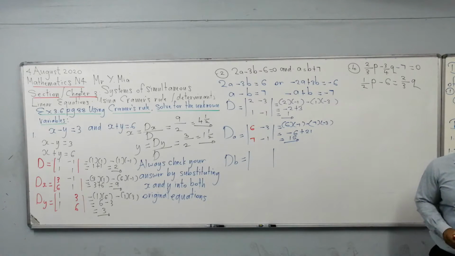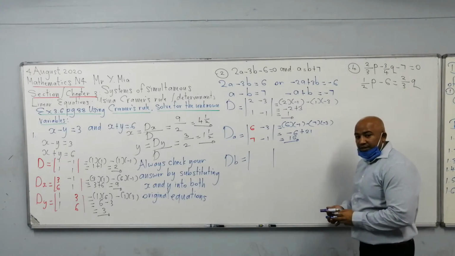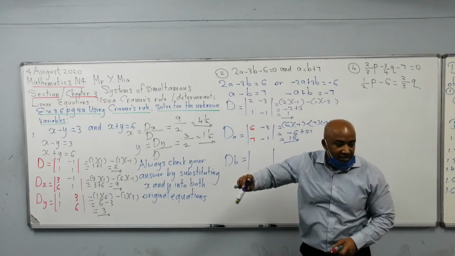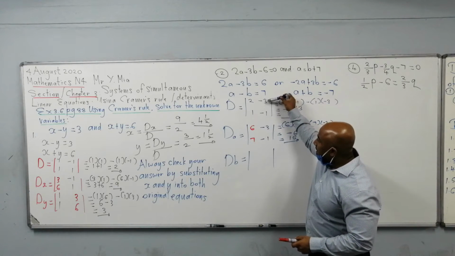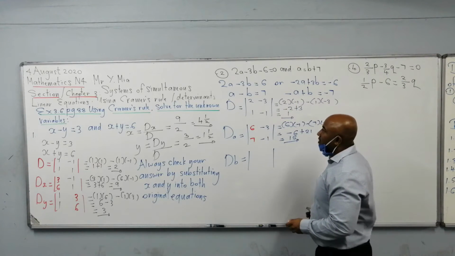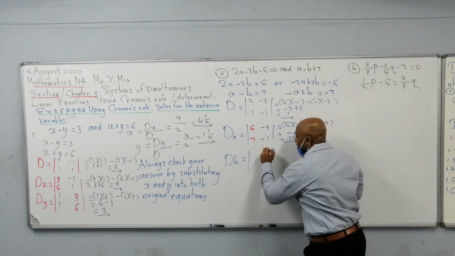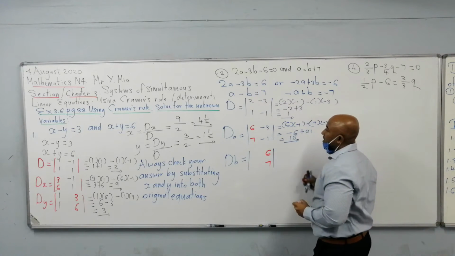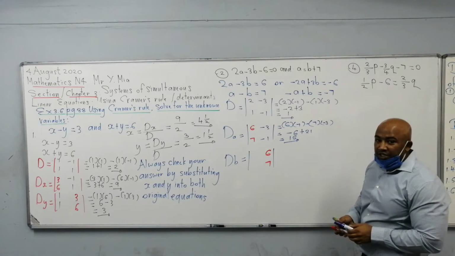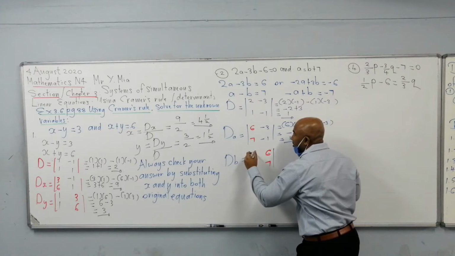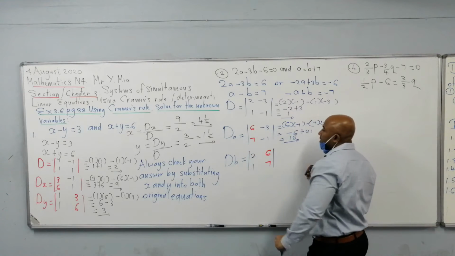That's your dA. Now dB, go back to the original determinant of coefficients. This time, replace the B column, the coefficients of B, with the constants 6 and 7. The original A column must not change. The original coefficients here, so that will be 2 and 1.